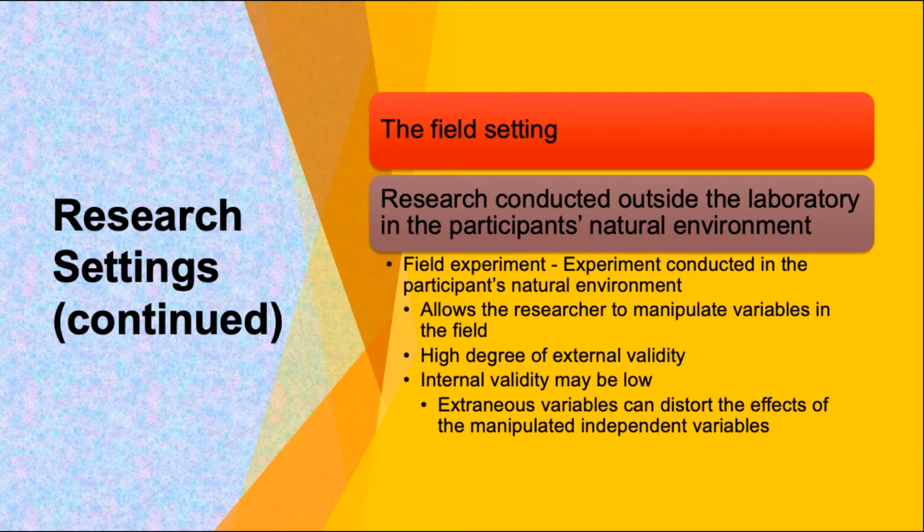Additionally, the researcher could not prevent the observers from knowing whether the customer was black or white. The observers may interpret a salesperson's behavior differently, knowing that the customer was black versus white. Extraneous variables such as these can obscure or distort the effect of the independent variable manipulated in the field experiment.